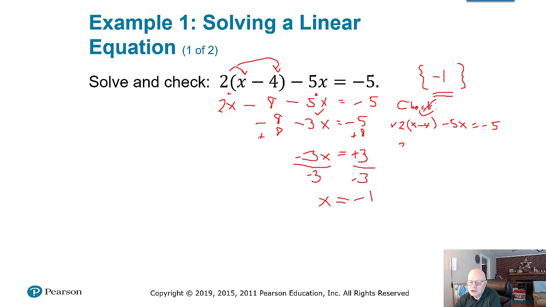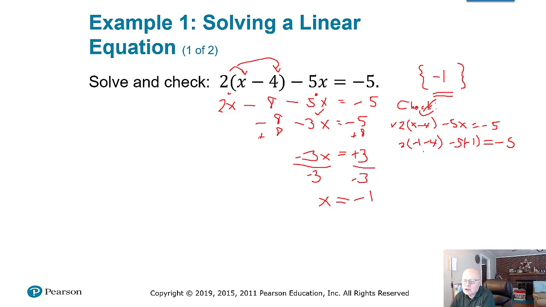So we'll have 2 times -1 minus 4 minus 5 times, now remember, the x is -1, equals -5. There's your original equation with the solution put inside.